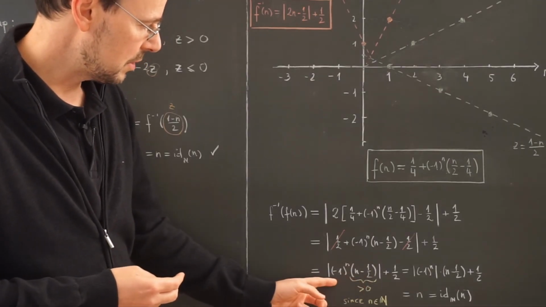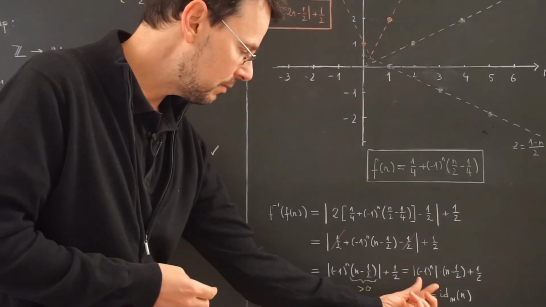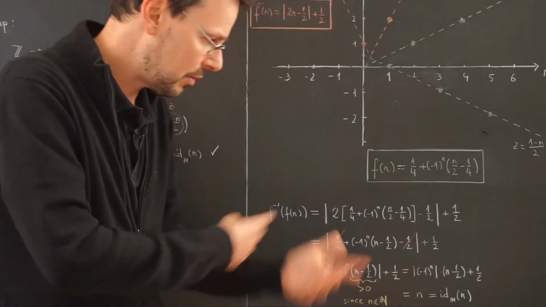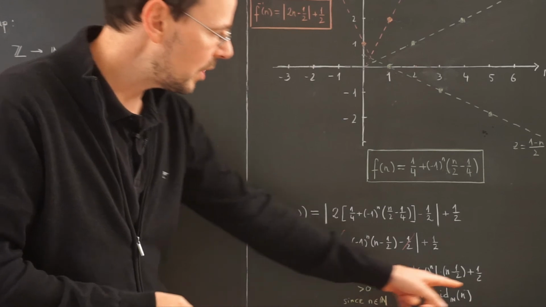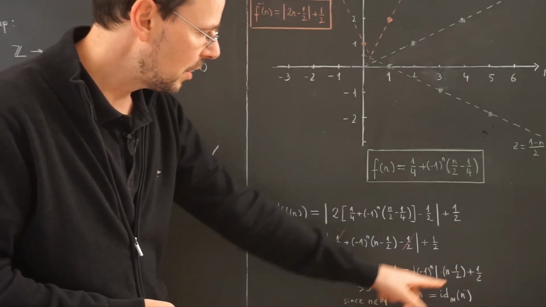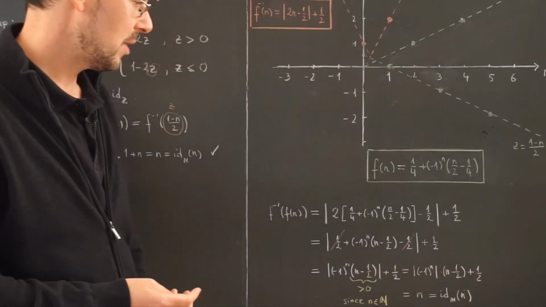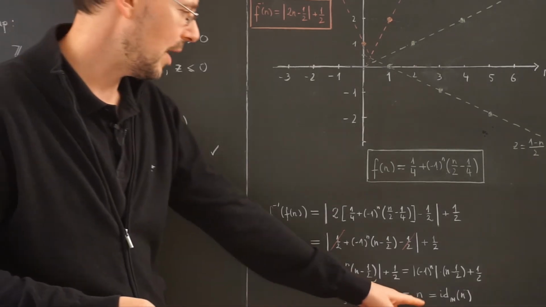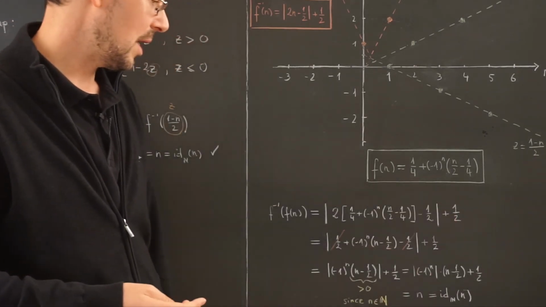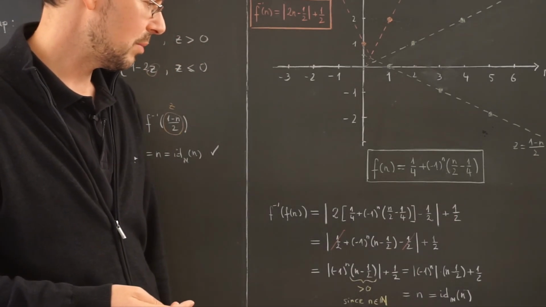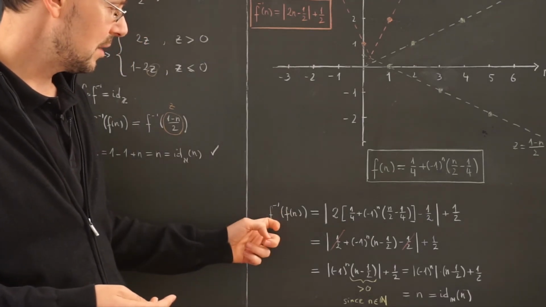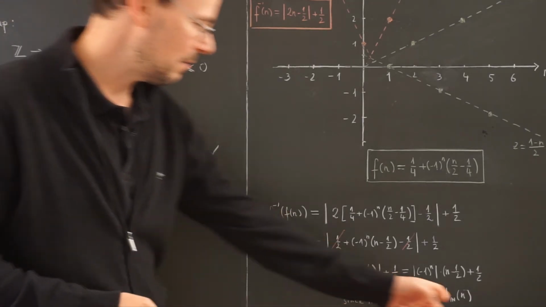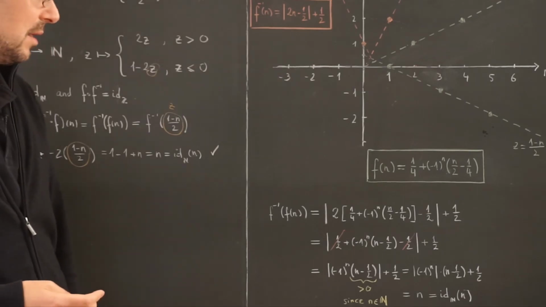The absolute value is multiplicative, and the absolute value of minus 1 to the nth power, of course, is 1. So I end up with this here. And now minus 1/2 plus 1/2 cancels, and I'm left with n, which is the identity of the natural numbers applied to n, showing that this composite of f inverse and f is indeed the identity.